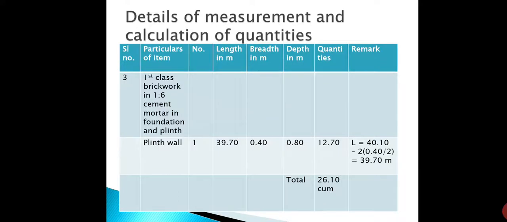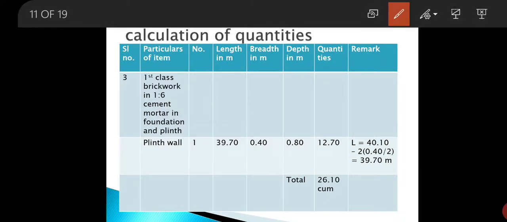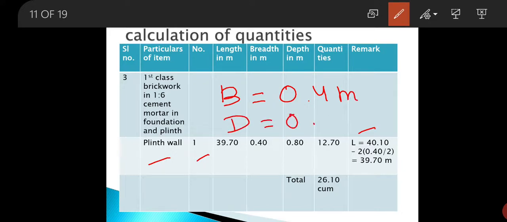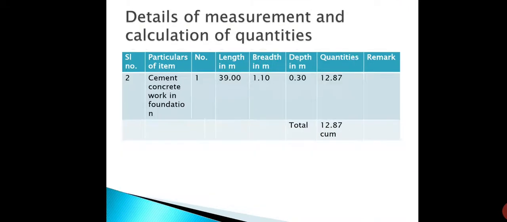Then we will move to the plinth wall. So plinth wall, number is 1. Your plinth wall is of width 0.4 meter and depth 0.8 meter. Also refer to the drawing.